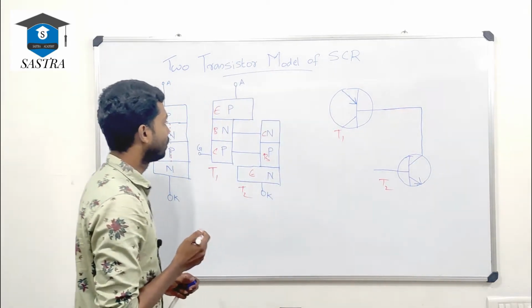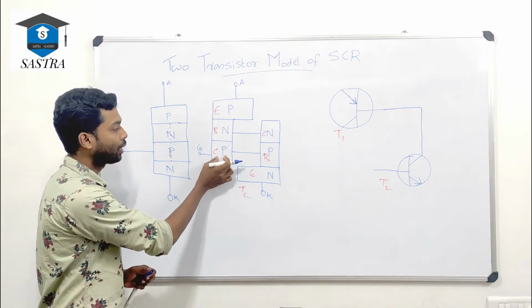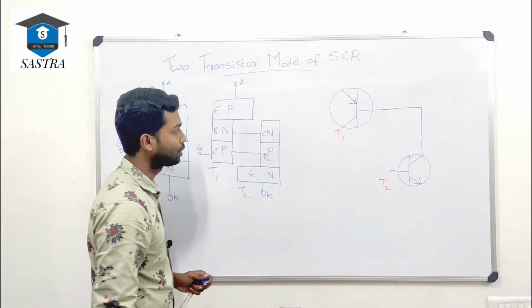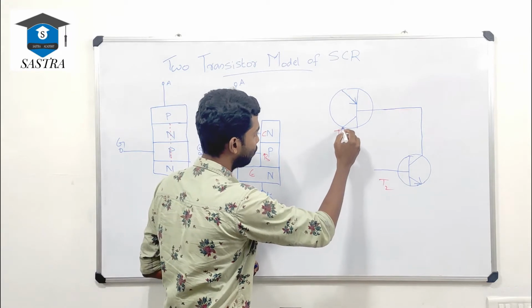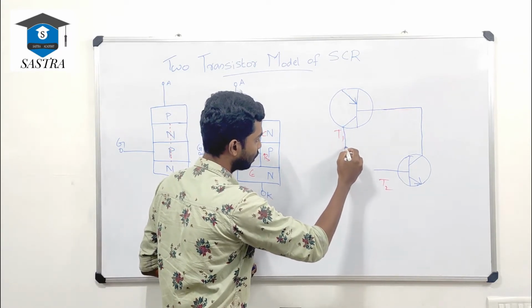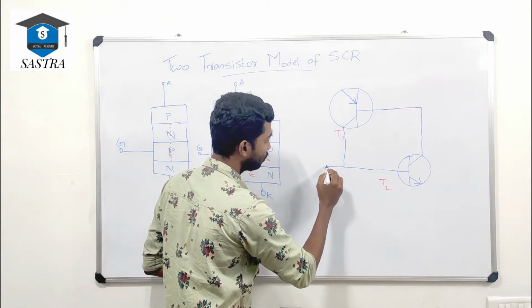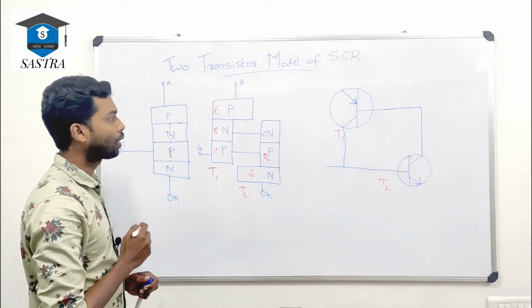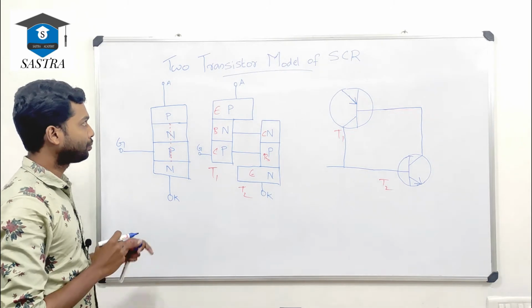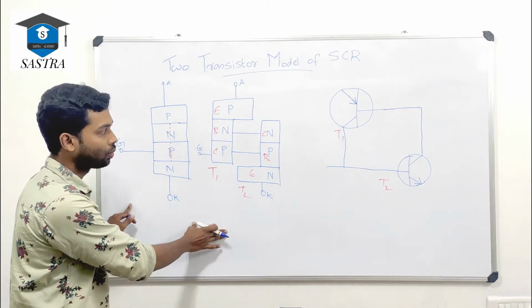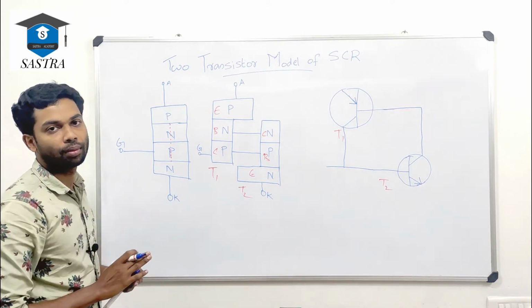Then the collector of the first transistor is connected to the base of the second transistor. This connection. Then we will use the two transistor model to explain the SCR working principle.